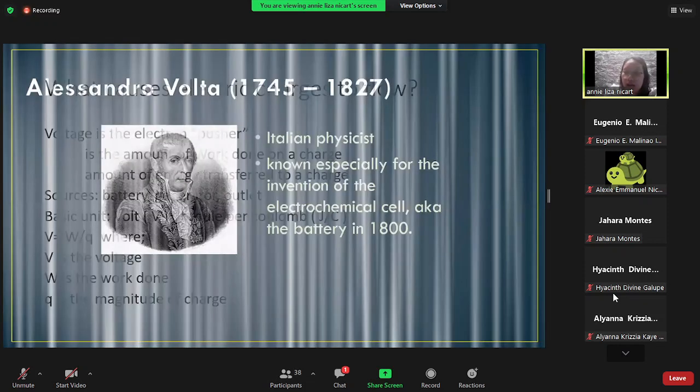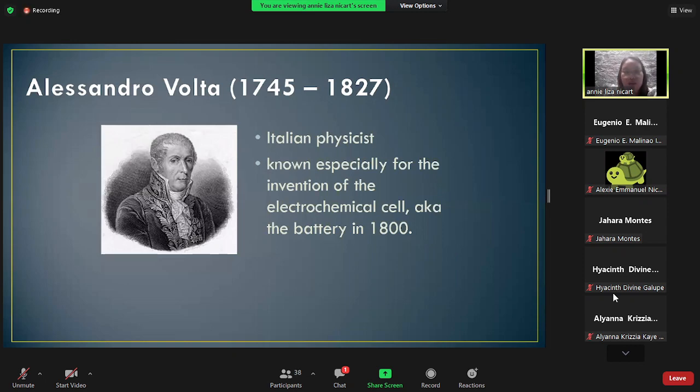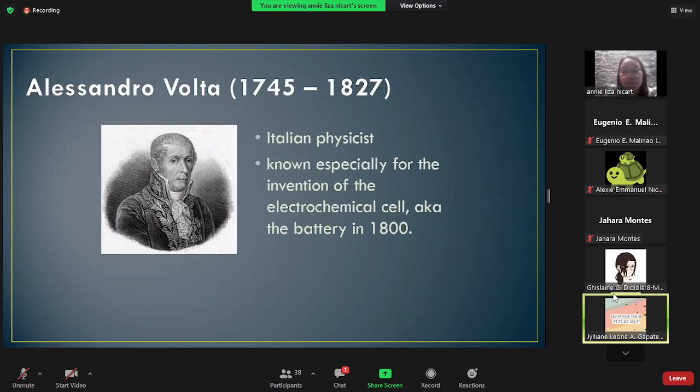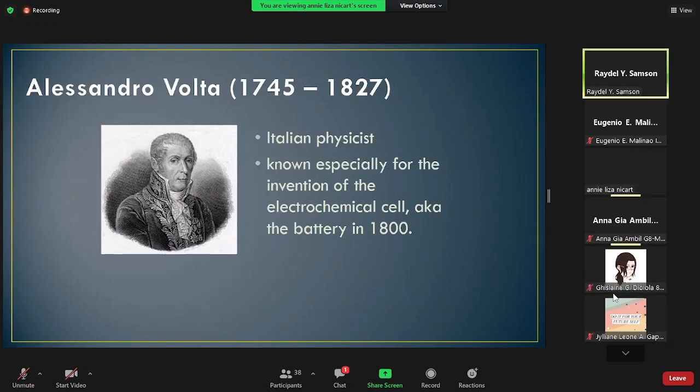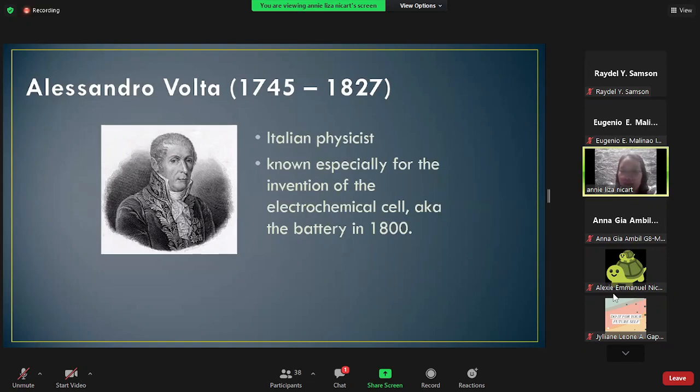Okay, so saan kinuha yung name ng unit ng voltage? So it's taken from this Italian physicist. Sino siya? Alessandro Volta. Okay, si Alessandro Volta. So aside from that, he also invented the first battery.